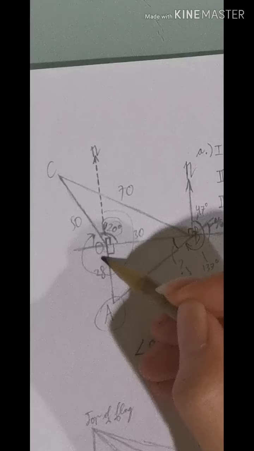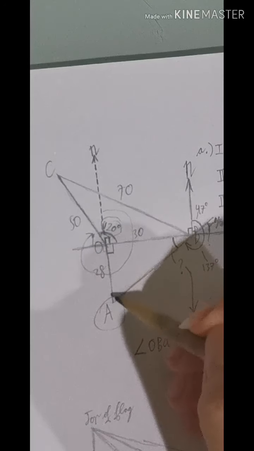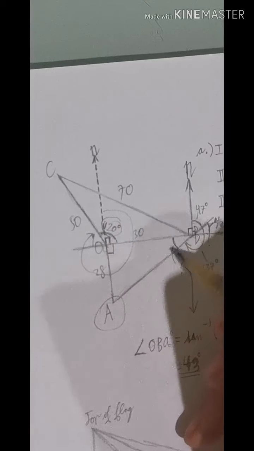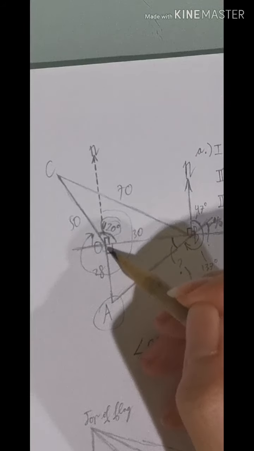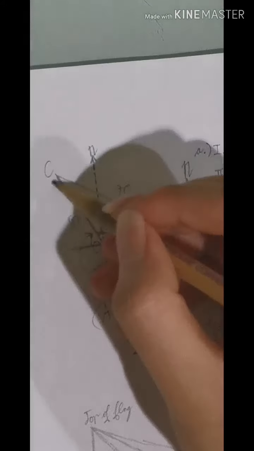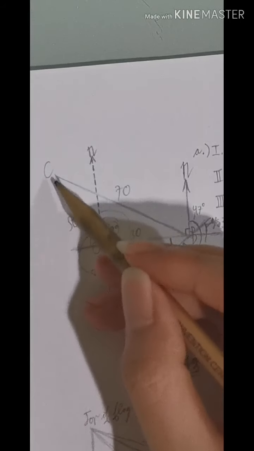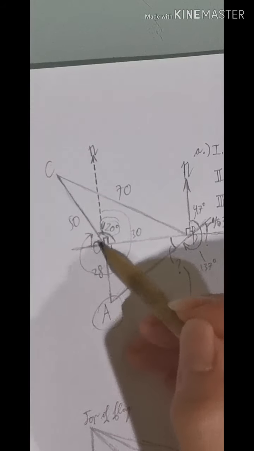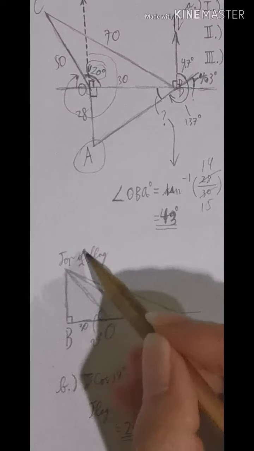That's even simpler. We know that this is a right angle triangle, and A is the hypotenuse, so it's the longest length in the right angle triangle. That means O has to be closer than A, and that also means O is closer to B than C. So O is the closest to B. If we make a diagram, we would have this.